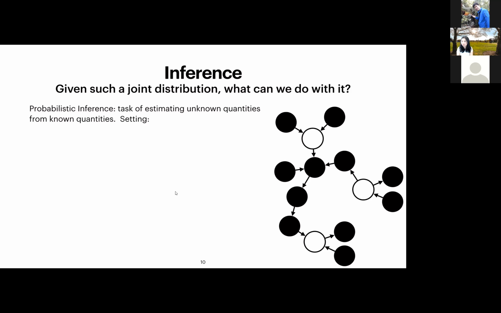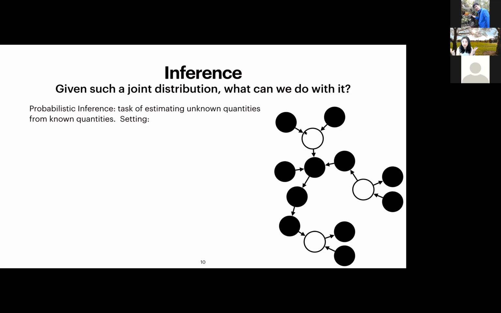So what do I mean? You observe certain realizations of these random variables. Let's say the black ones are the ones that you can observe, but the white ones are the ones that are hidden. What does that mean? You know that in the graphical model each node represents a random variable.